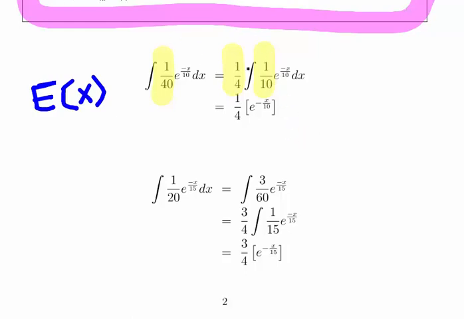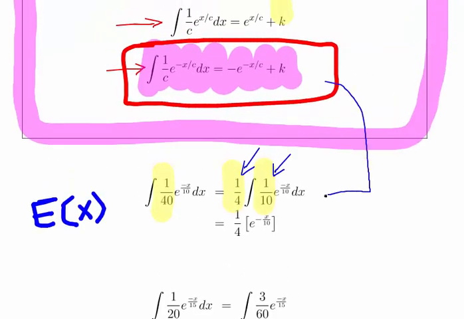I'm taking the 1 over 4 out. 1 over 4 goes outside and it's constant, but the 1 over 10 stays in, and the reason is I can use that result directly. So I have minus 1 over 4 times e to the minus x over 10.